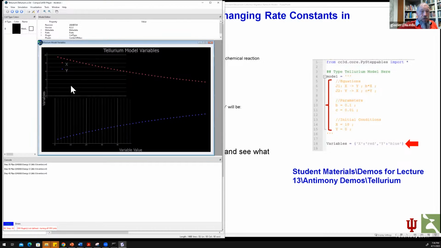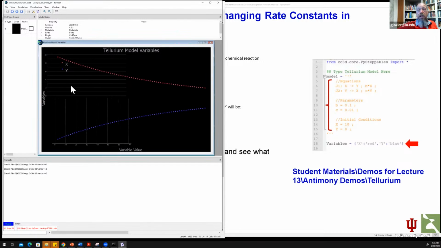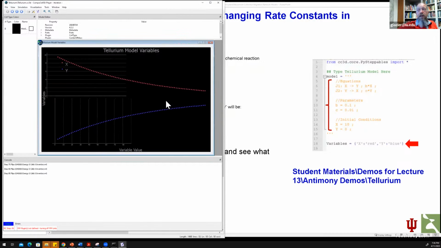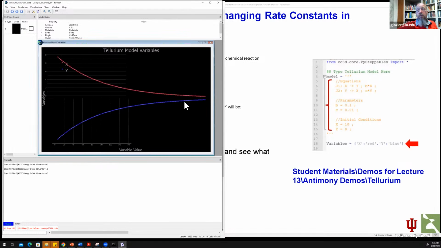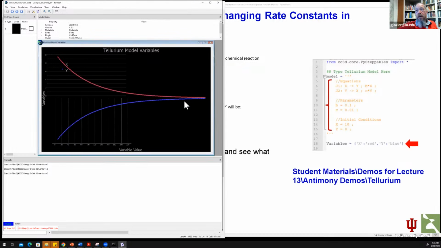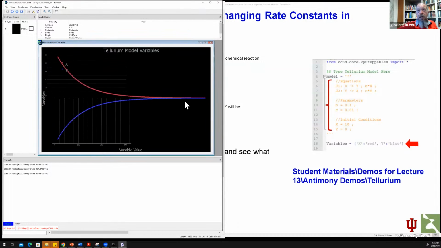And it actually looks very similar. What will change is that the value of X and Y, when I'm equilibrating, will change. Before, I wound up with 10 times as much Y as X. Now, with these two parameters equal, I'm going to wind up with equal amounts of Y and X.